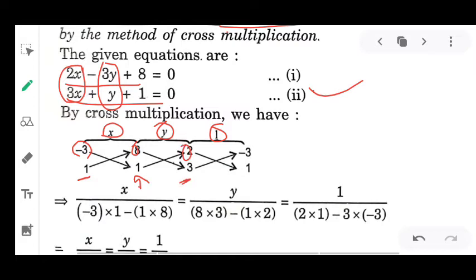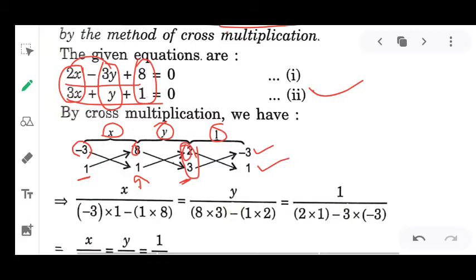Next, coming to 1: remove the constant part 8 and 1, so the remaining are the coefficients of x, that is 2 and 3. This is already written here, so write the coefficient of y, that is minus 3 and 1.